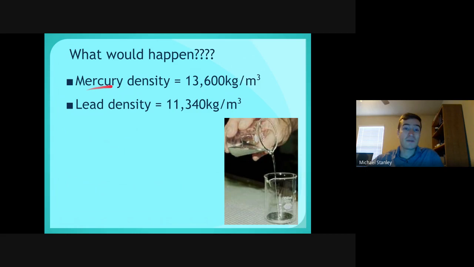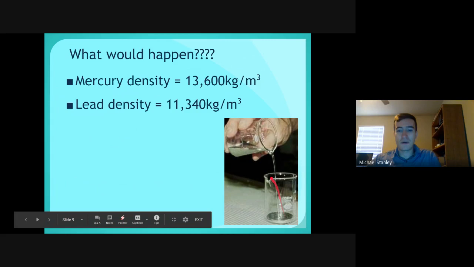And one of the cool things about mercury is that it is a liquid at room temperature. Mercury is one of the few metals that melts at like 75, 80 degrees. So this is a little cup of liquid mercury right here, a metal that is naturally liquid at room temperatures.